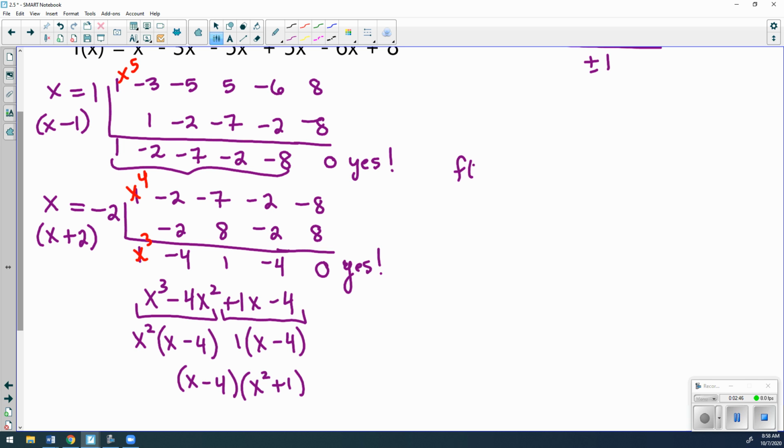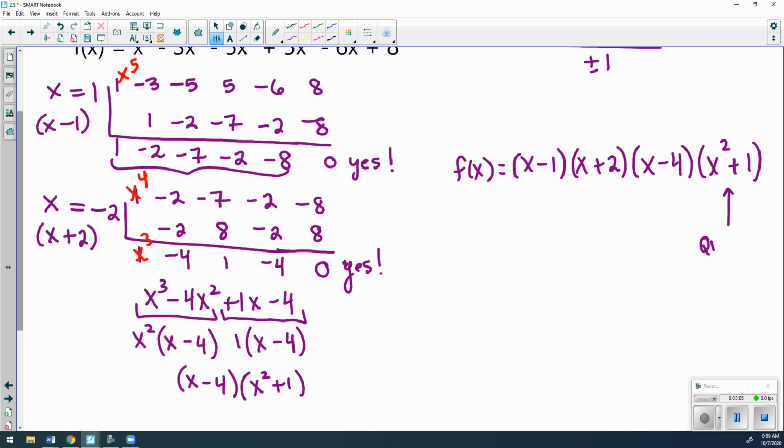We have f of x equal to x minus 1, x plus 2, x minus 4, and x squared plus 1. Now, this is really good, but x squared plus 1 is a quadratic factor. So what I need to do now is factor that into something that is linear.